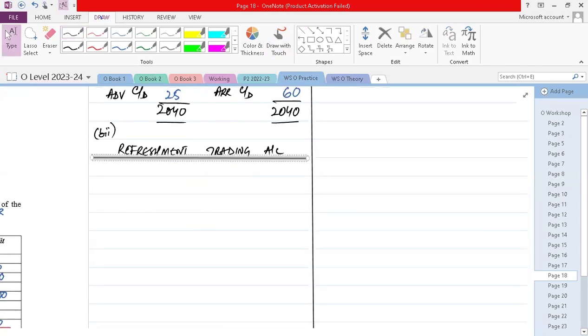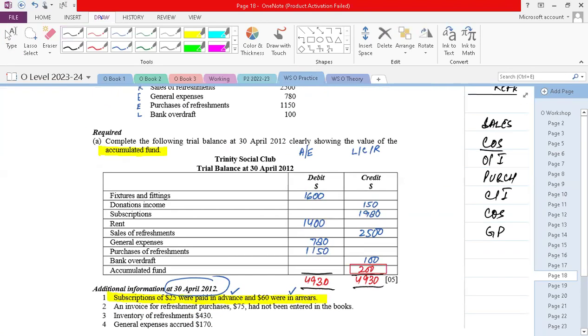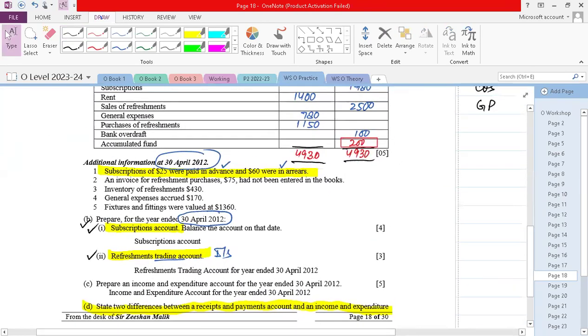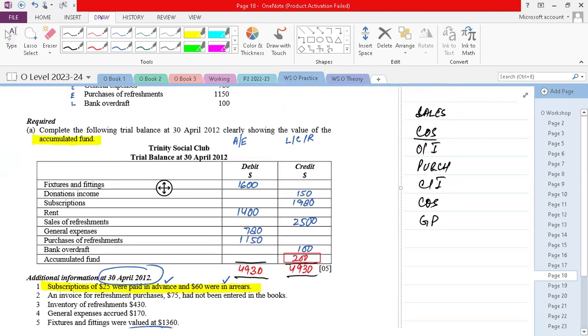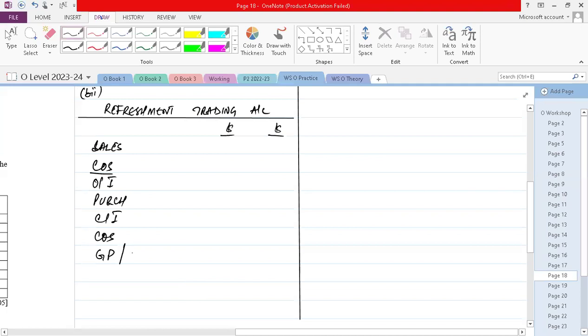Here we go for the format. Simple income statement format: sales of refreshment, cost of sales, opening inventory, add purchases, less closing inventory, cost of sales, gross profit. There is no such expense relevant to the refreshment.